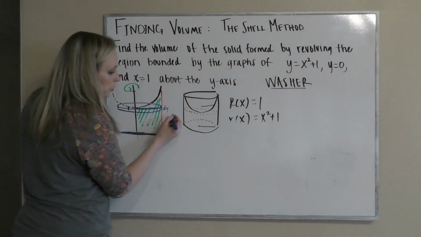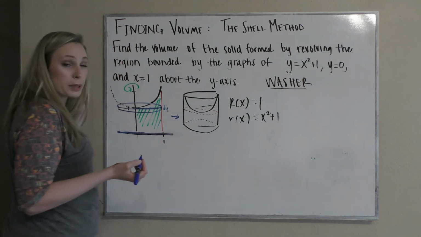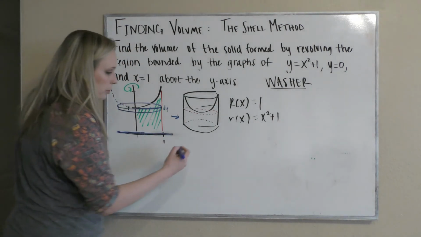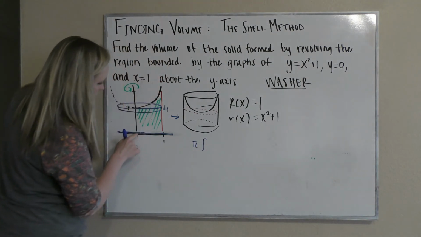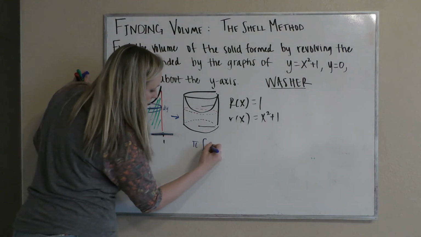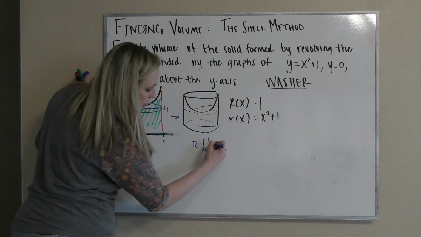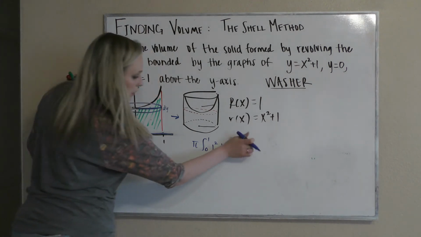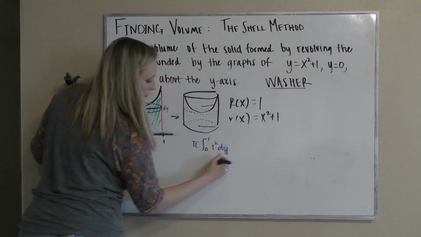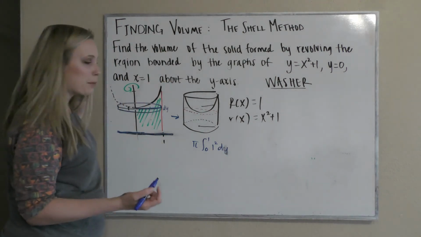So this bottom portion shouldn't be that big of a deal to find the volume of. It's going to be pi, we're going to integrate from 0 to 1 of just 1 squared dy. So that part's not that big of a deal.